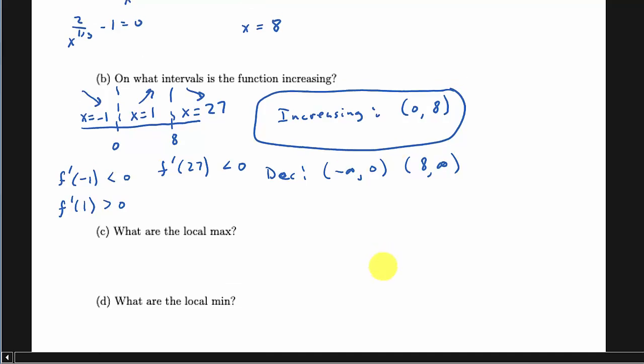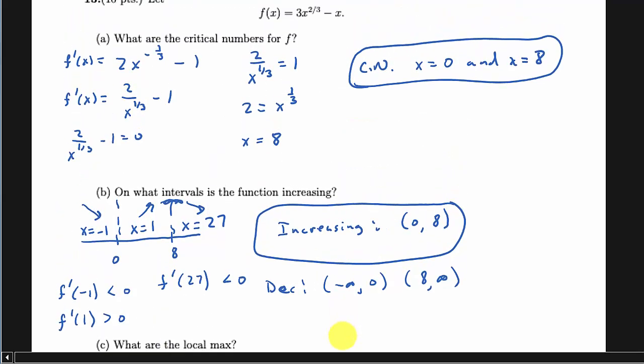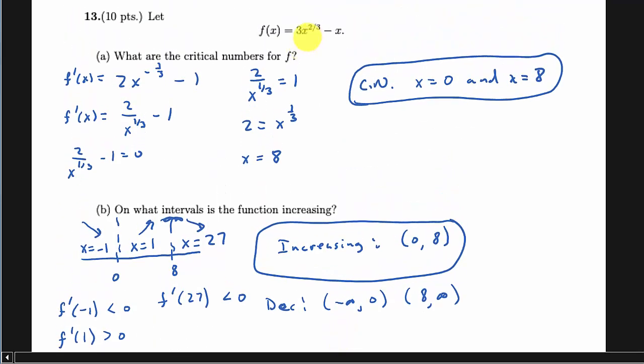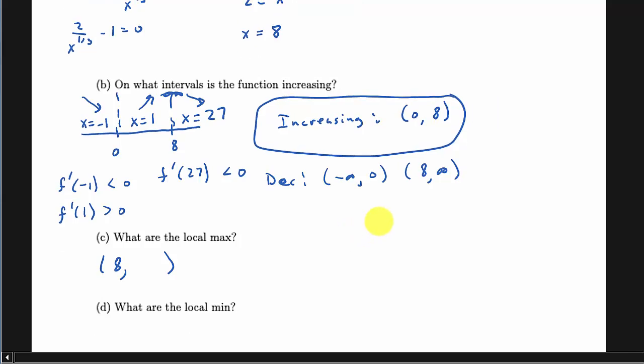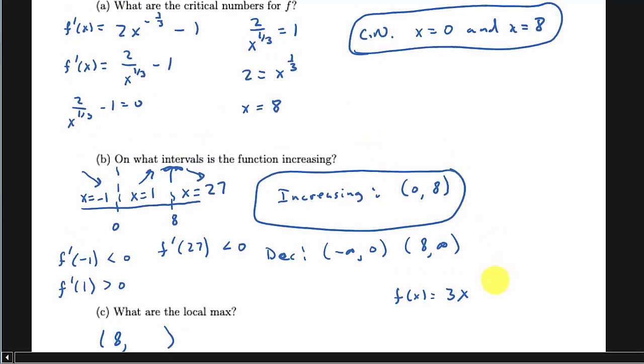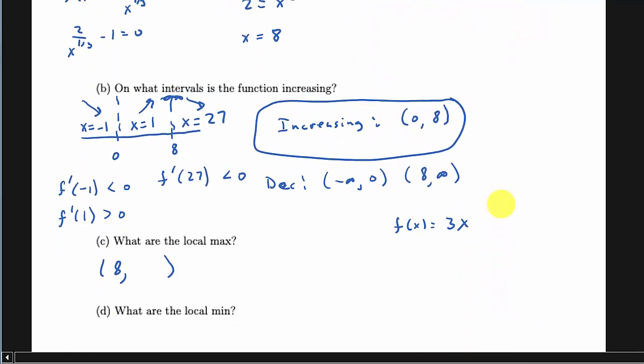What are the local maximums, or local max? Well, here's your local max right here at 8. So we got a local max at 8. And to get our y value, we would need to plug that into here. I'm just going to write this function down here. F of x is equal to 3x to the 2/3 minus x.